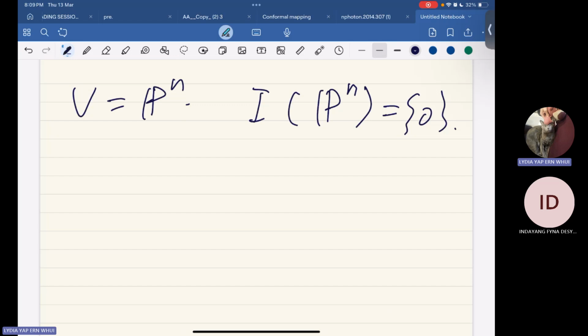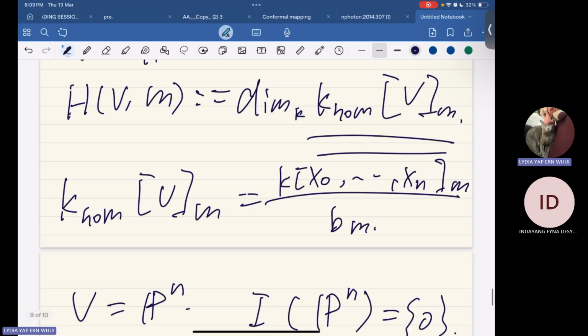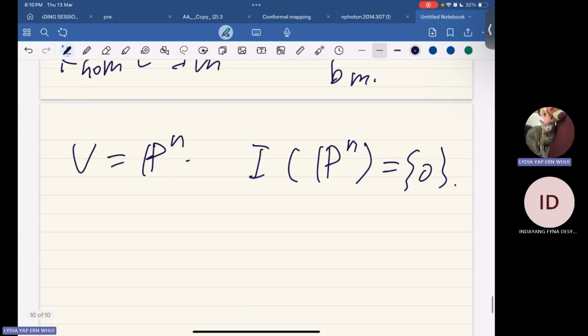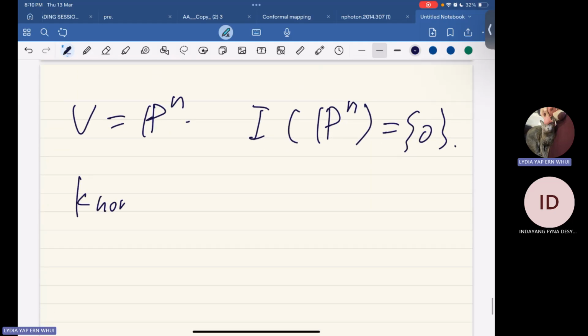It should be zero because we are looking at a function that, when you plug in everything in Pn, comes back to zero. So it should be just zero, nothing else. Then if we take the ring quotient by the zero ideal, we just get this ring. So the homogeneous coordinate ring of Pn is just the whole polynomial ring, right?